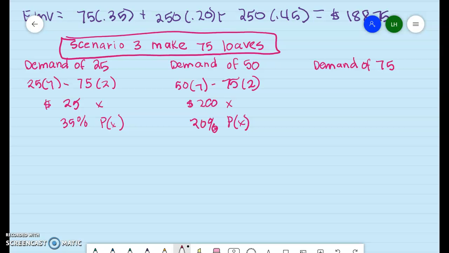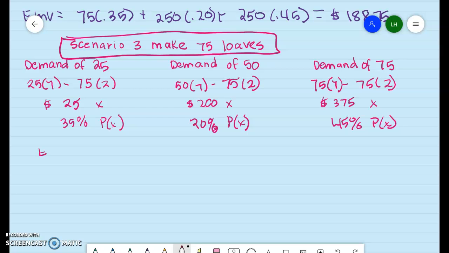All right, the last one, a demand of 75. Well, if we made 75, we can sell them all minus the cost of all. And that would be $375 for our profit. And then our probability of the demand being 75 is 45%.